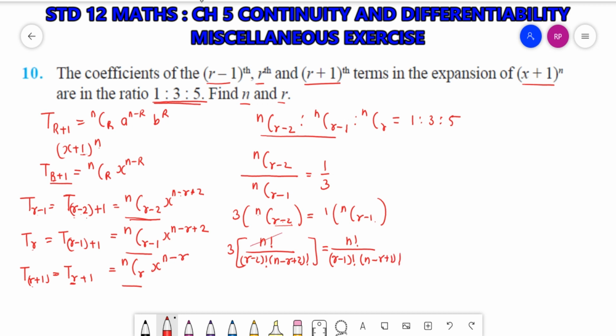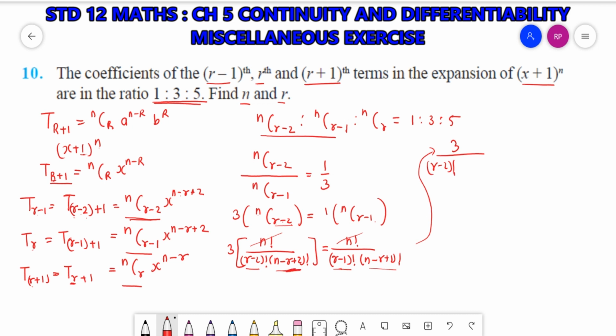Okay, so see, n factorial will get cancelled. Now (r-2) and (r-1), this is larger, so we reduce that. And (n-r+2), (n-r+1), this is larger. So now, in the numerator it's 3 (r-2) factorial as it is.